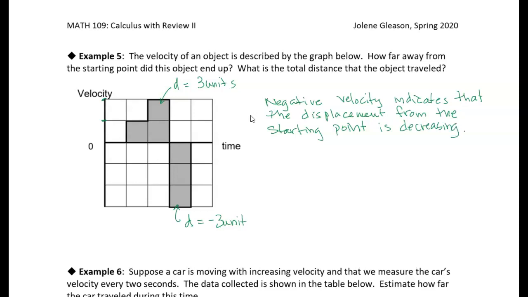Okay. So what that's telling us is that because we went 3 units in the positive direction, then we went 3 units in the negative direction, this object, the object in question here, whose velocity is being described by this graph, ends up back where it started.